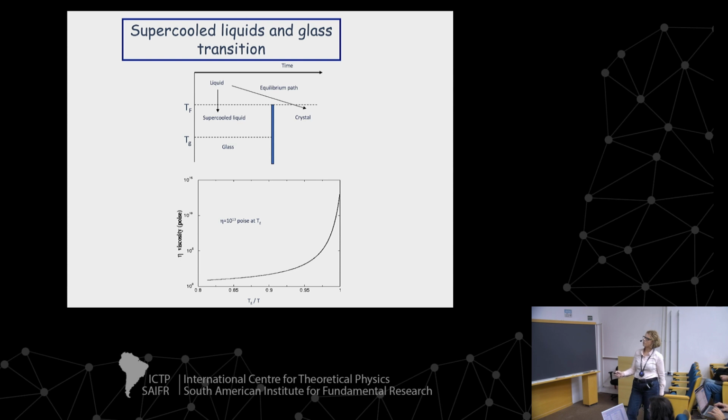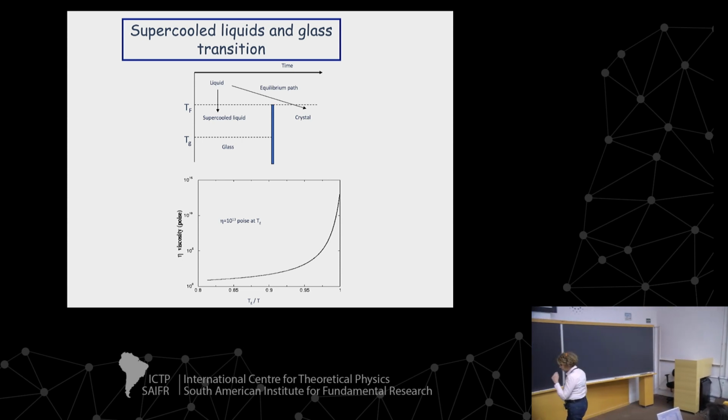We will come back to the glass transition temperature, because experimentally it is defined as the temperature at which the viscosity is equal to 10 to the 13 poise. Poise is the unit of measure of viscosity. So that's Tg. But there are other ways of marking a glass transition temperature.